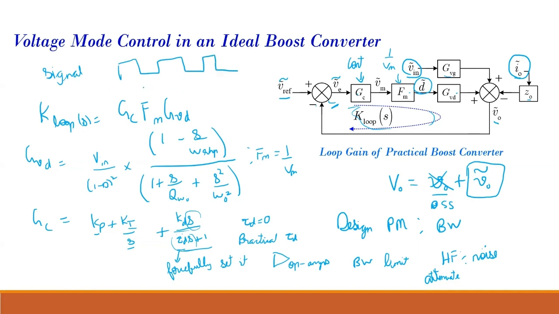It has a DC value, then it has a first fundamental harmonic, then the third harmonic, the fifth harmonic, etc. But we want to limit our system to only the DC component, the first harmonic and the third harmonic. The rest of the harmonics we do not want to come into the picture. If that is the case, then we apply a filter. The filter will remove these high frequency components.